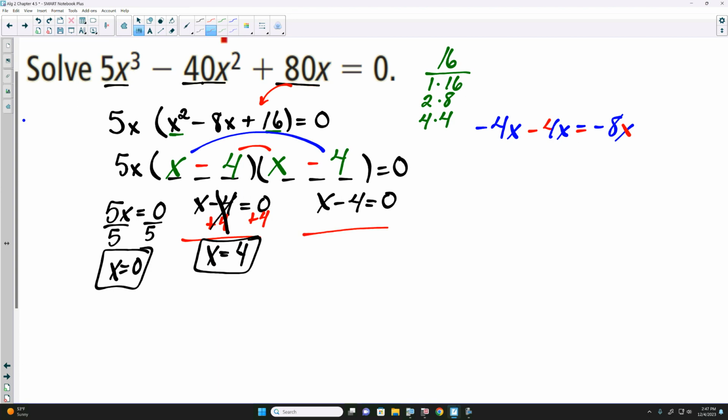And our last one, we need to add 4 to both sides again, telling us x is 4. Questions on this here?